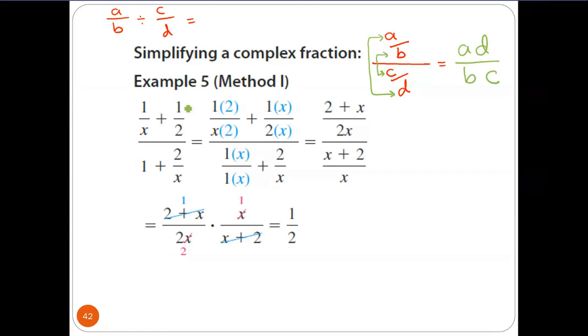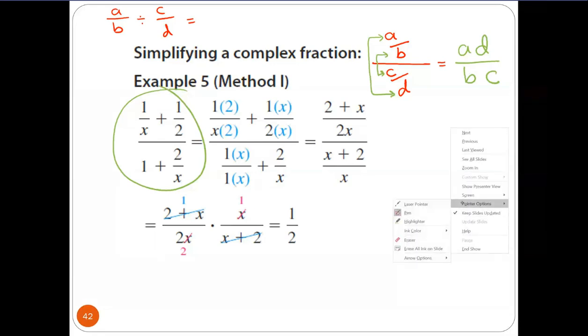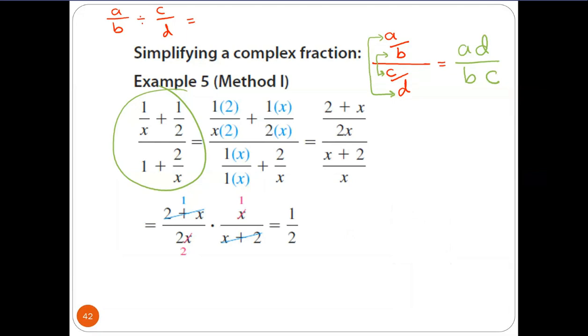Now look at this. If we have a fraction added to another fraction over a fraction, firstly put the expression as a fraction over a fraction, like this.